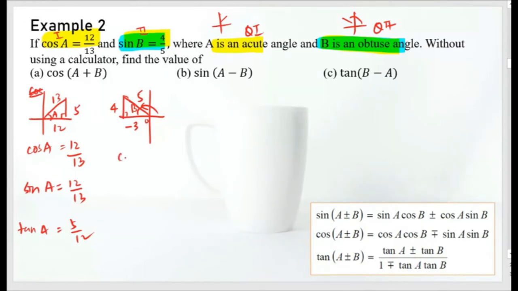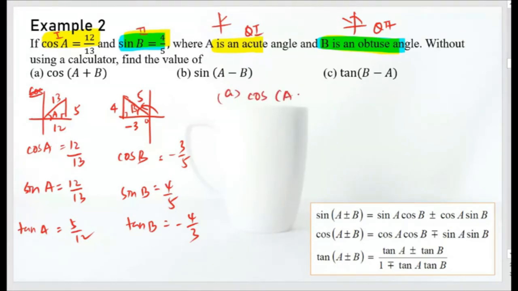Now cos B, sine B, and tangent B. Sine B is given to you, 4 over 5. Cos B, adjacent over H, negative 3 over 5. Then your tangent is negative 4 over 3. So from here we get the values for cos, sine, tangent A and cos, sine, tangent B. We get these 6 values first. Then we start to do the equation.